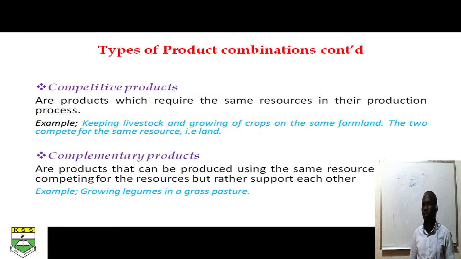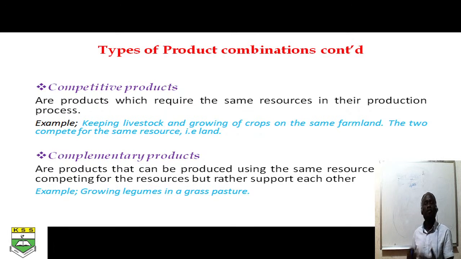Let's have an example. If you have a pasture land, you know what a pasture land is? Where you take your animals to graze. You have maybe grass pastures growing there. If you decided to grow some legumes in that pasture land, there is no bad effect of the legumes on the pasture, and there is no bad effect of the pasture on the legumes. They complement each other.